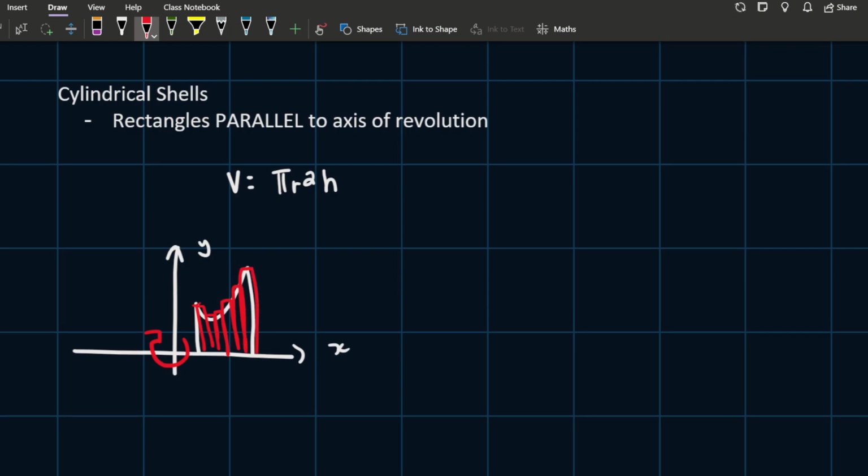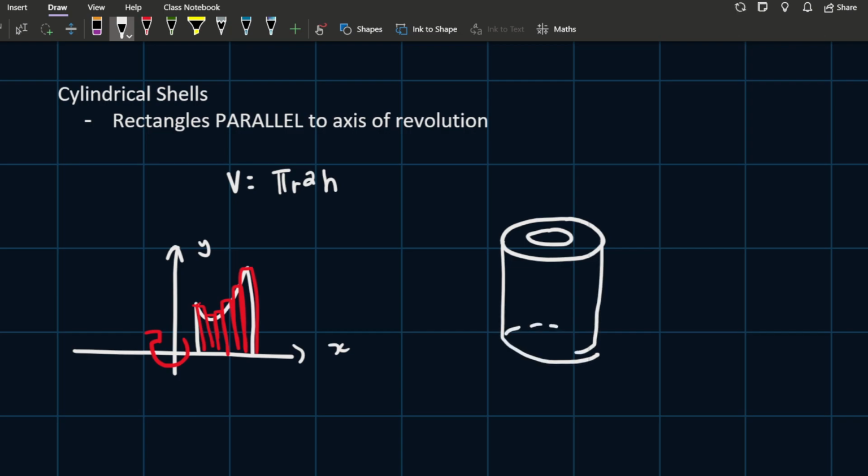Okay, so what happens here is yung each rectangular strip, i-revolve natin about the y-axis. So, magkakaroon tayo ng mga ganitong cylinders. So, yung una is we have something like this.